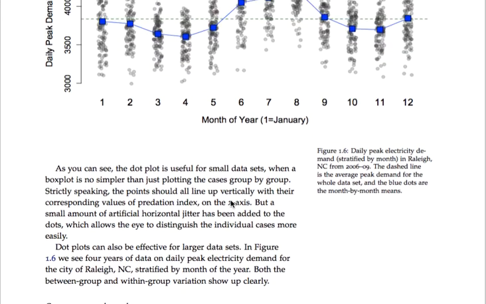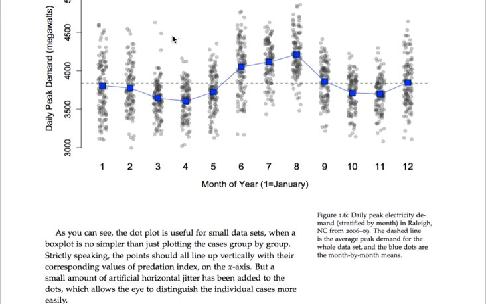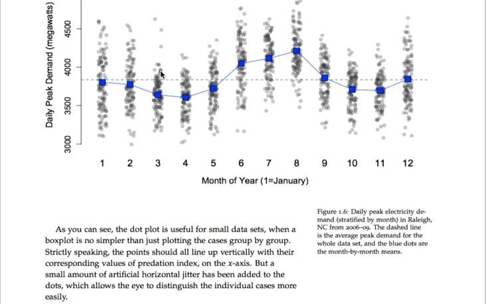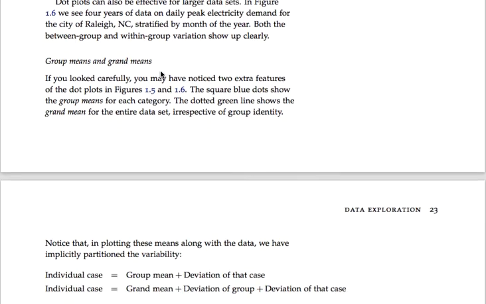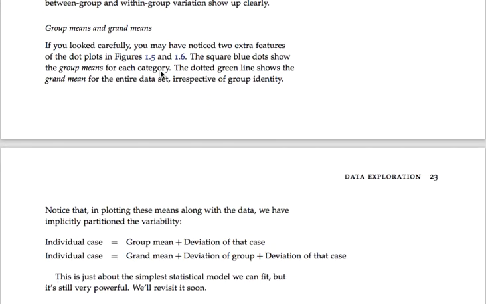Now, these blue dots right here, we would call those the group means, and this sort of gives us a useful decomposition of an individual case, and I'll refer to this many times throughout the course. What we're doing in a dot plot is really about the simplest statistical model that we can fit. A statistical model is going to partition the individual observations into a predictable component and an unpredictable component.